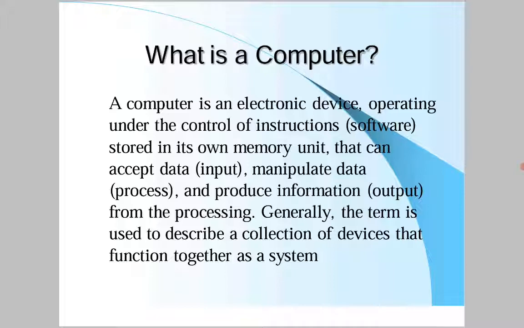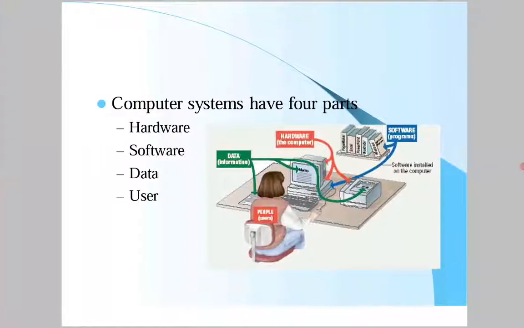By using input devices, input data and these instructions or programs are processed, that is called processing, and outputs are produced by using output devices. So this is the basic working of a computer system.